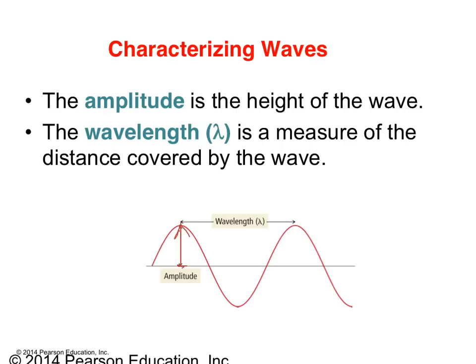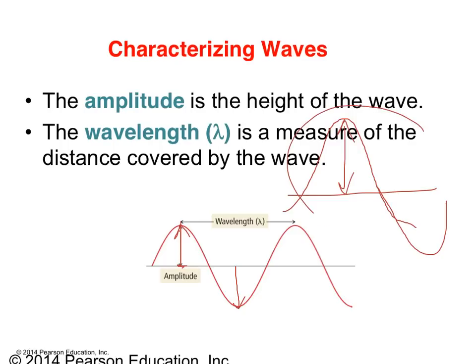So, node to the crest or node to the trough. And the amplitude is a measure of light intensity. In other words, if there is another wave which has a higher amplitude compared to this wave, this light would be more intense. So amplitude is a measure of the light intensity.